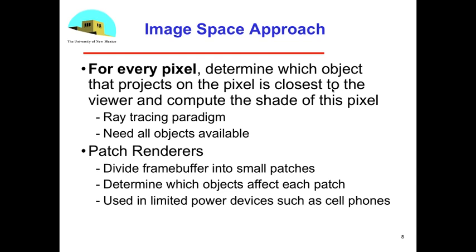They tend to use what are called patch renderers, where you divide the frame buffer into small areas, called patches, and then you figure out for each patch what happens. You determine up front which objects affect each patch, then render that patch and go on to the next patch. Those are very popular approaches within the smartphone industry.